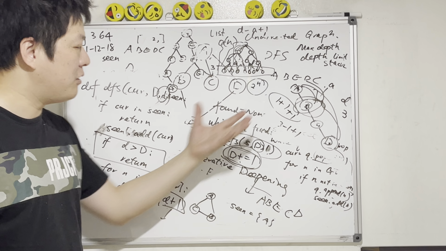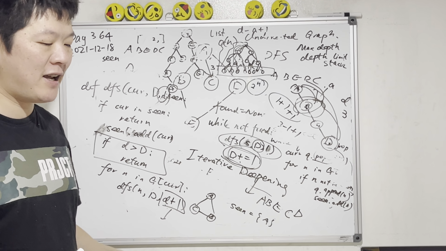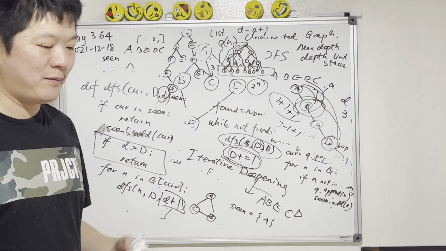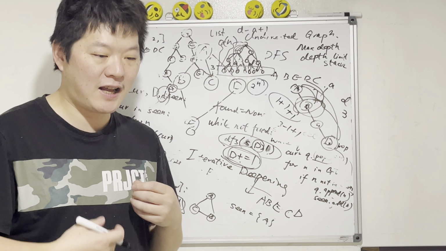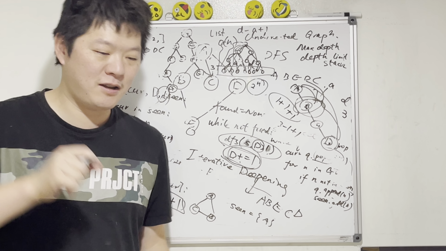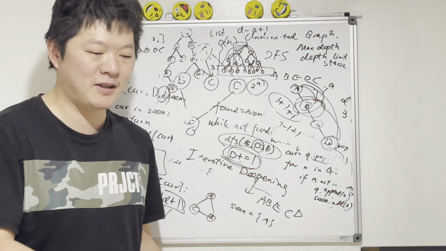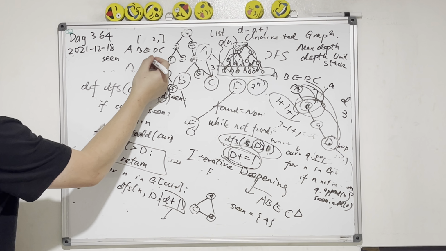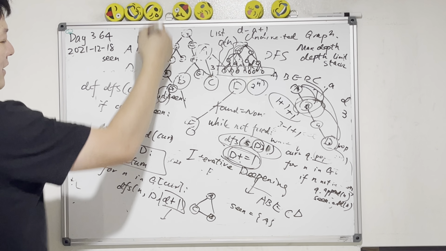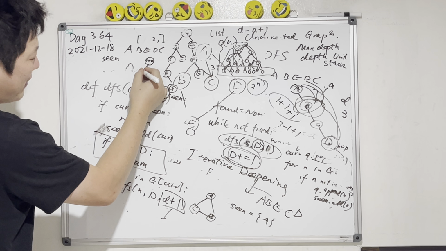And for some complex algorithms like the min-max tree, or playing chess, usually there are 2 players. I move one step, you move one step. I want to maximize the score, and you want to minimize the score.